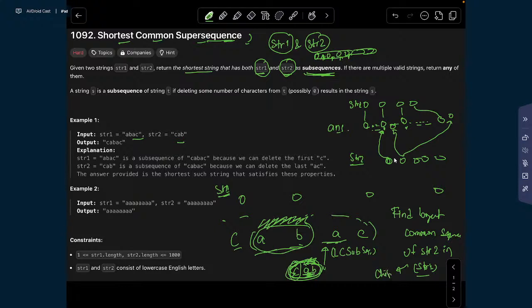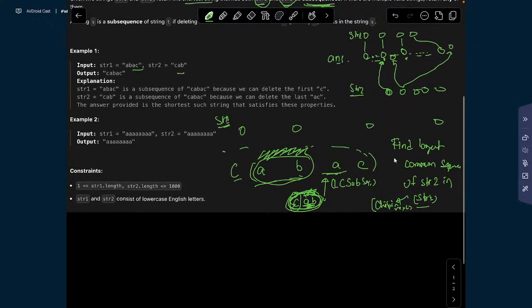We have to chip in the rest of the values. Right, that's the logic which I have thought of at first glance. Now here you see this is a very basic example where both of them are the same only.